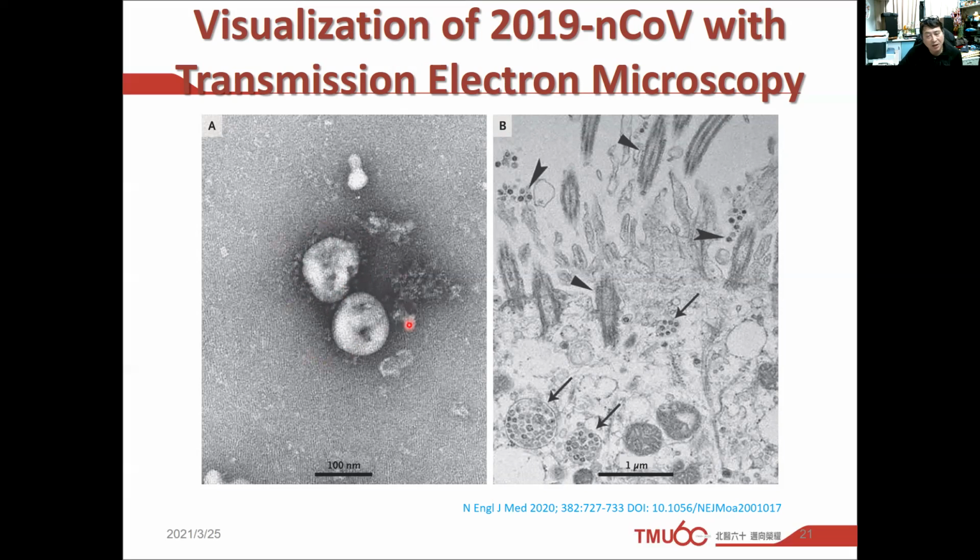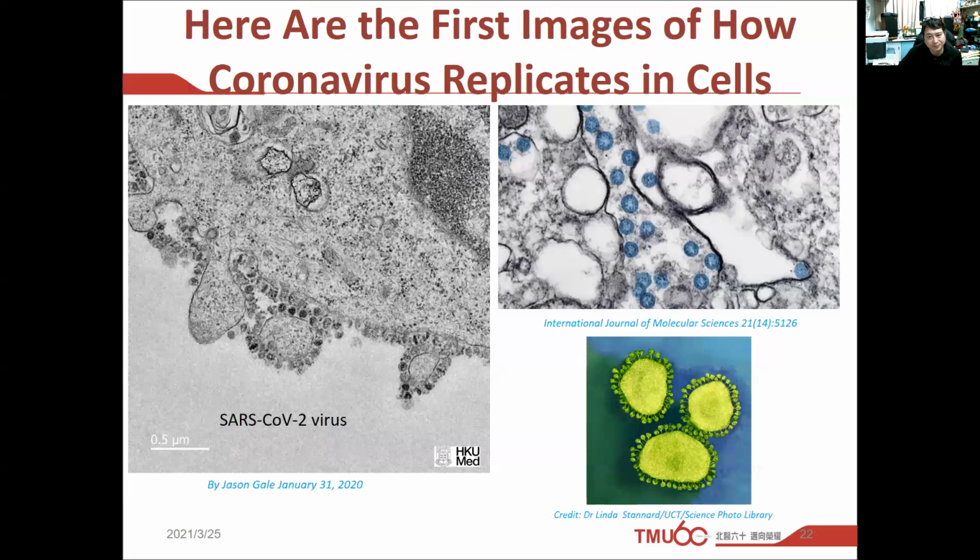There are two viruses in this image. Look at the tissue, you can see a lot of dense dark particles in the endosome, in the cytoplasm of host cells. This is the first image to tell you this infectious pathogen belongs to the coronavirus, by their morphology.